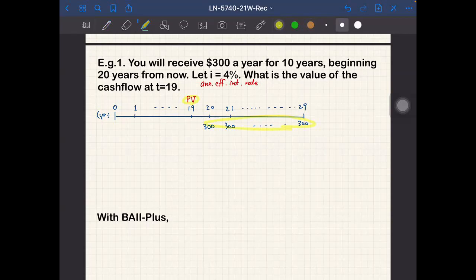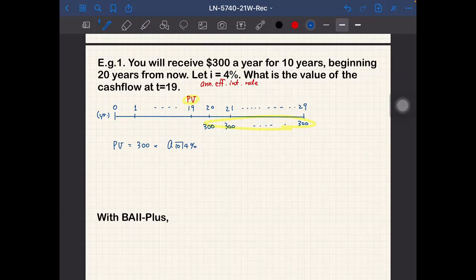So that means the PV is 300 times the annuity immediate for 10 years at 4%.